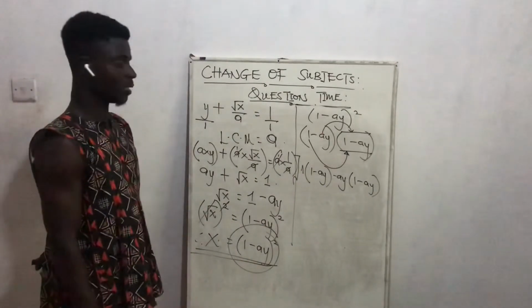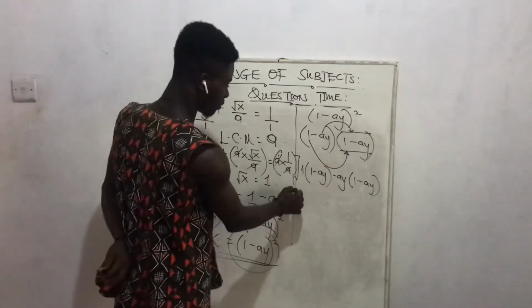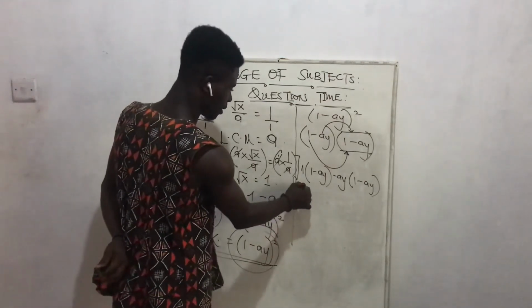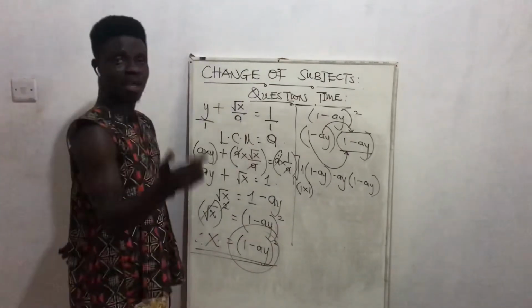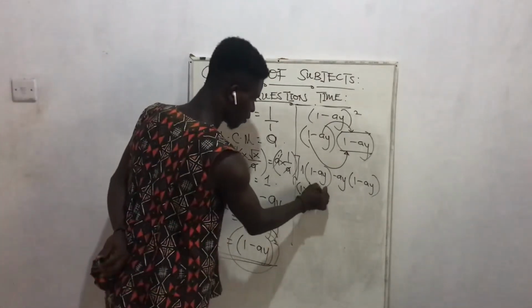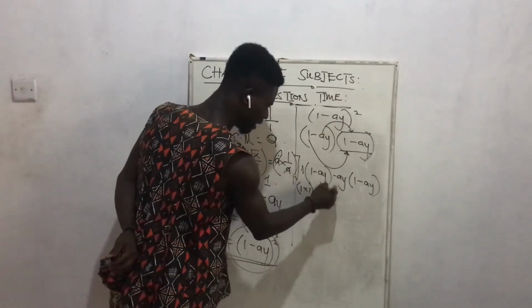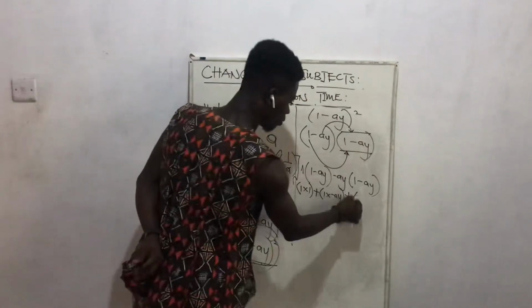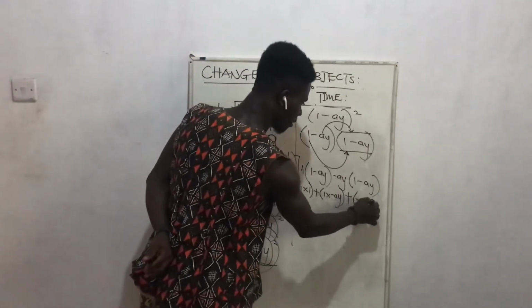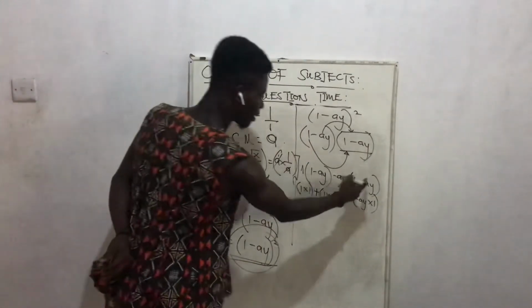Right. So 1 times 1, we expand the bracket. 1 times 1 minus, so I said when you see negative, drop positive. So positive 1 times minus ay. Then here, drop positive, your plus, which is minus ay times 1. Then still drop plus.